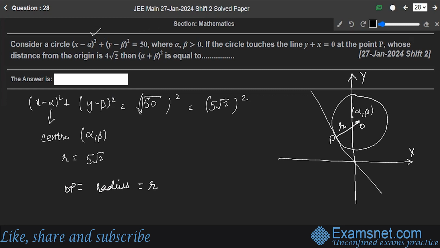All right. Also, you are given that the distance of the point P from the origin is 4 root 2. Let's take the origin as point C, so CP is equal to 4 root 2. Okay, so now let's get back to our question. One thing, I have OP as radius, so this is equal to 5 root 2. I know the coordinates of O, that are alpha and beta. And this is the equation of the line, x plus y is equal to 0.